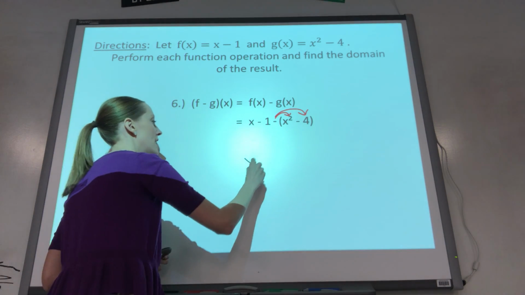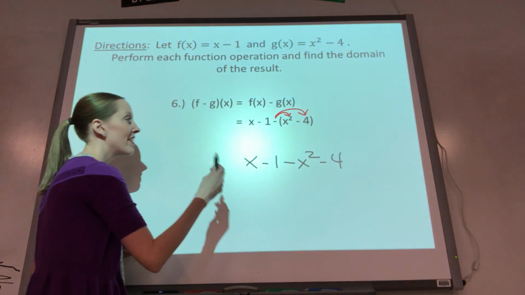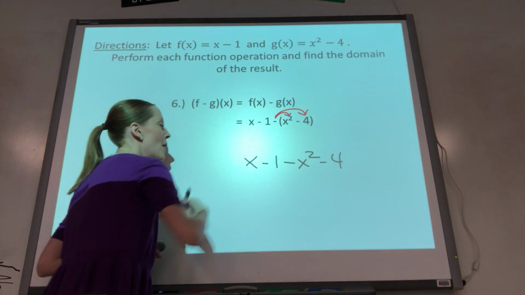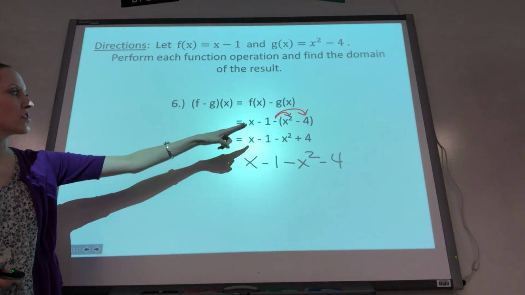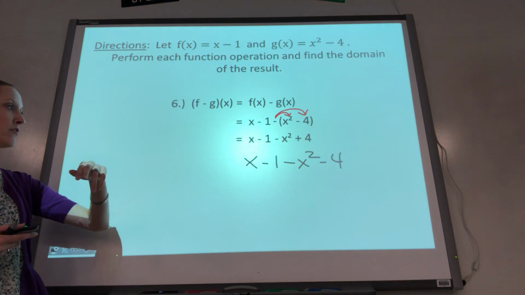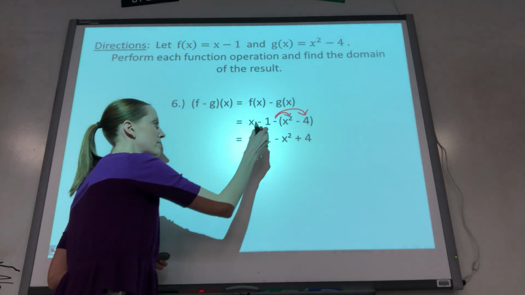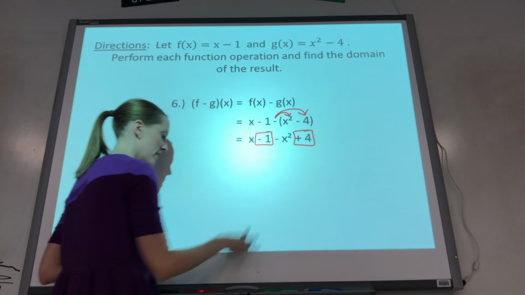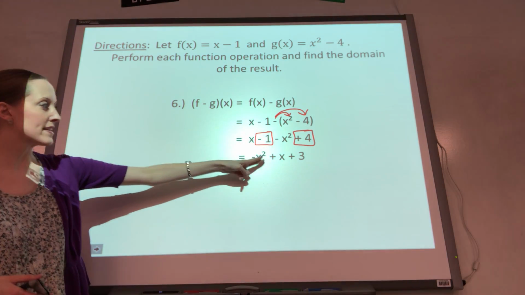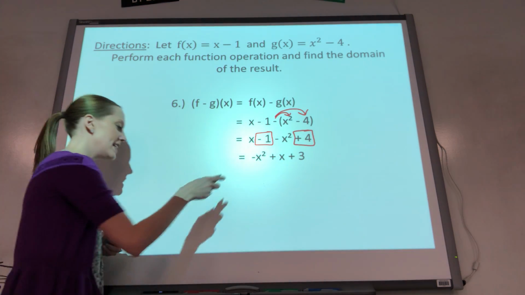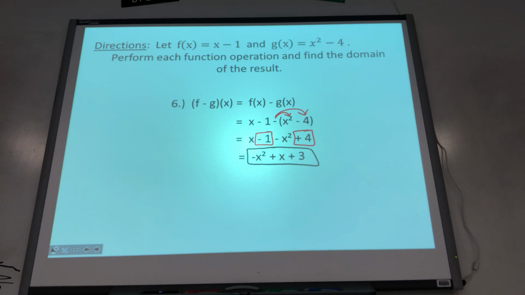A lot of people just put x minus 1 minus x squared minus 4, and then they don't end up with the same answer we do because by the time you distribute that negative, the back part is actually negative x squared plus 4. And so once I rearrange this a little bit and also combine a couple like terms, it should be negative x squared plus x plus 3. It's a good idea to put it in descending order, biggest power of x down to the smallest.